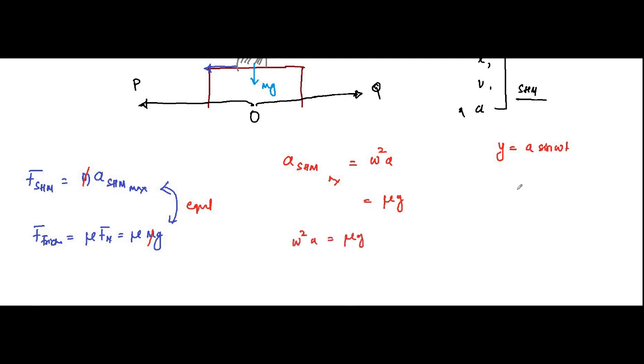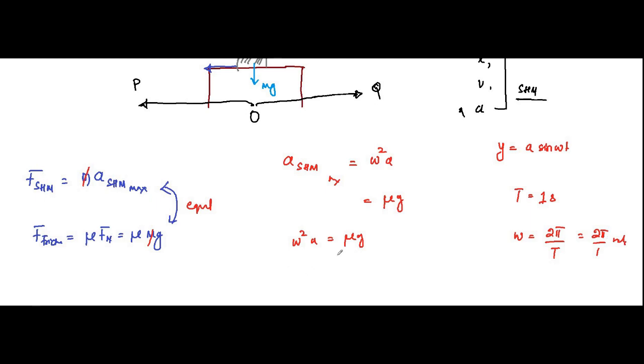Here the time period is given as 1 second. From this we can calculate the angular frequency omega, which is equal to 2 pi by T, which is equal to 2 pi by 1 radians per second.